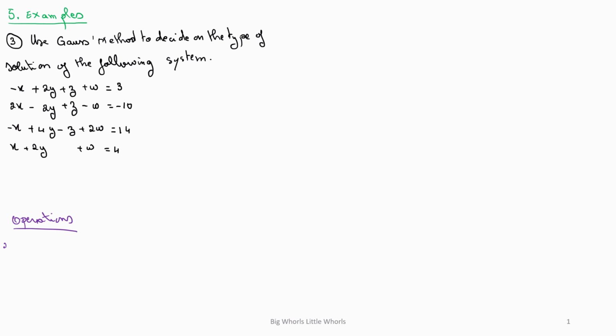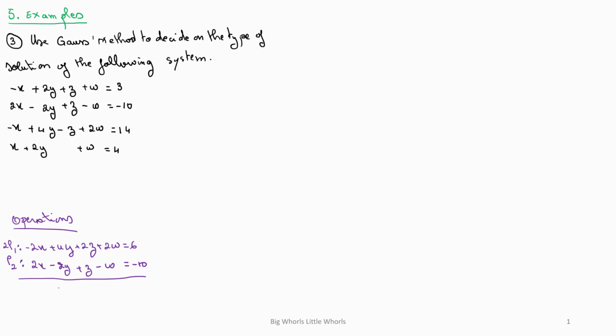So 2 times row 1 is going to be minus 2x plus 4y plus 2z plus 2w equals 6. And row 2, I'm just going to copy it. So row 2 is 2x minus 2y plus z minus w equals minus 10.